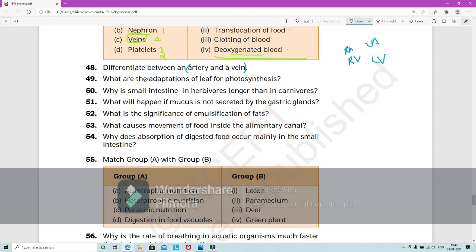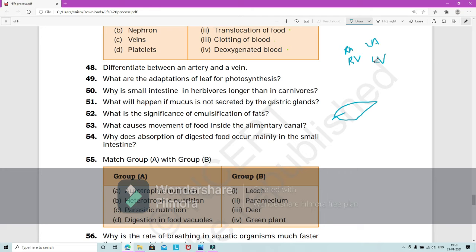Okay, next, what are the adaptations of the leaf for photosynthesis? What are the different prerequisites of the leaf for photosynthesis is the question. So let's look into that. Firstly, the surface of the leaf becomes broad, flattened, so that most of the surface of the leaf is exposed to the surroundings.